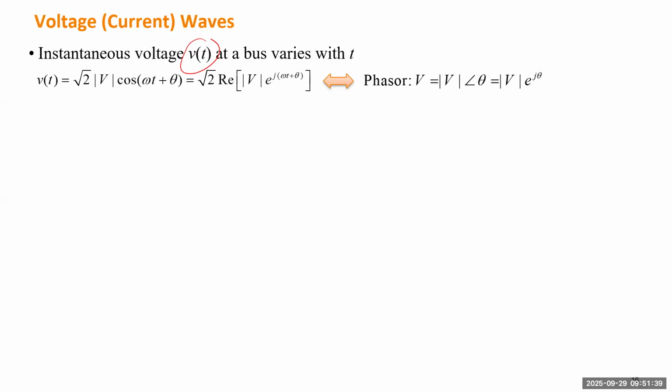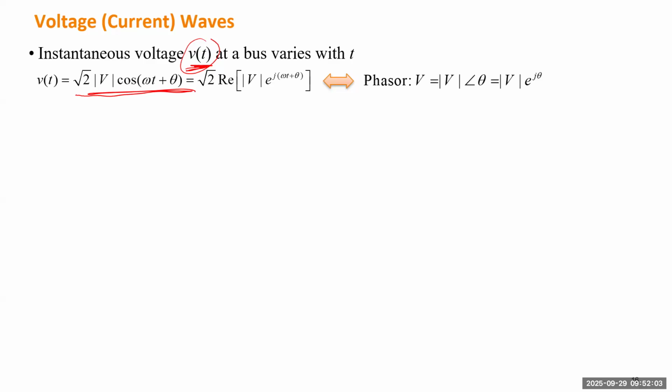We know when we define instantaneous voltage at a bus, it is a function of time, right? There's only a single variable t. So when t changes, the voltage will change. The instantaneous voltage is defined as the peak value, which is the square root of 2 times the RMS value, multiplied by a cosine function.